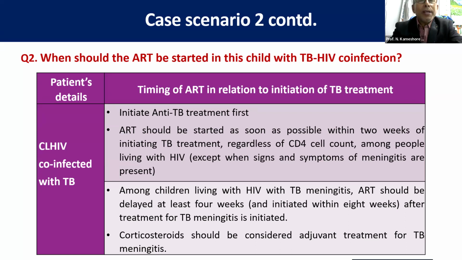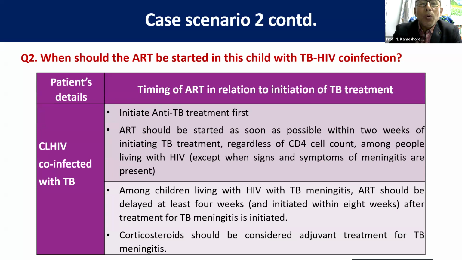So ART should be started as soon as possible, within 2 weeks of initiating the TB treatment, regardless of the CD4 count, among people living with HIV, if there are no signs and symptoms of meningitis.